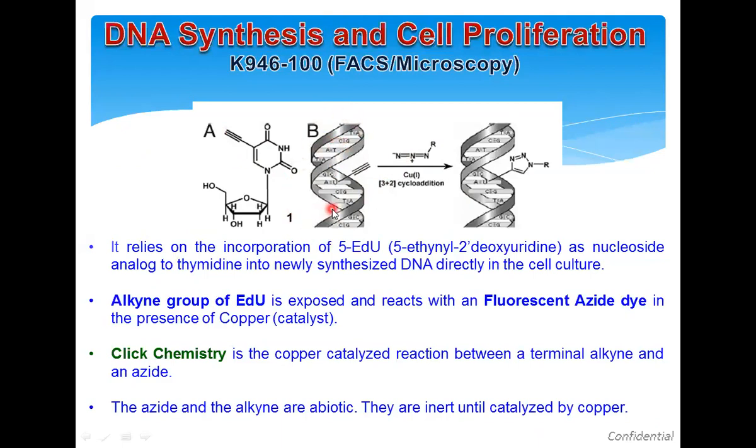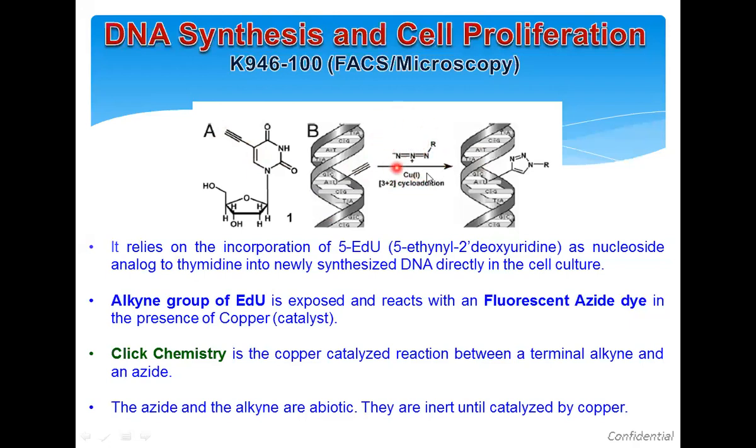Once it gets incorporated, this EdU has this alkyne group, as shown here. And then you add the azide, which is the click chemistry. So we add the fluorescent azide.